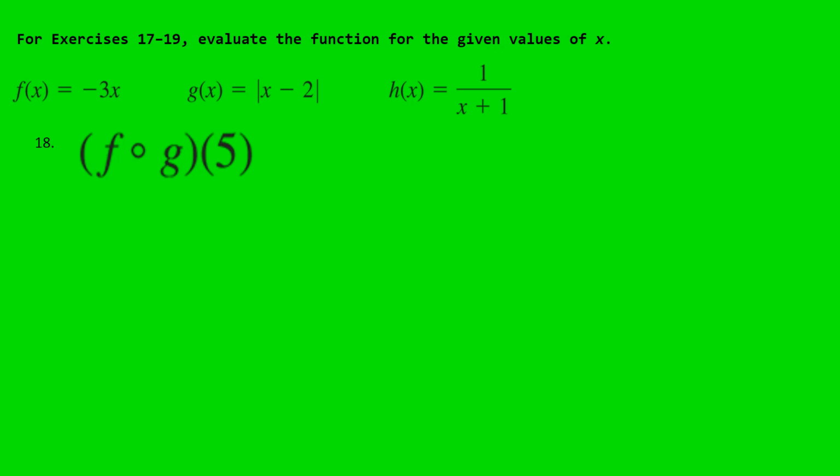Okay. 18. F composed with g of 5. That's the answer to 17. Now, we could treat it like 17 and get f composed with g of x, which actually we already have, and then use that to get f composed with g of 5. In fact, let's do that.